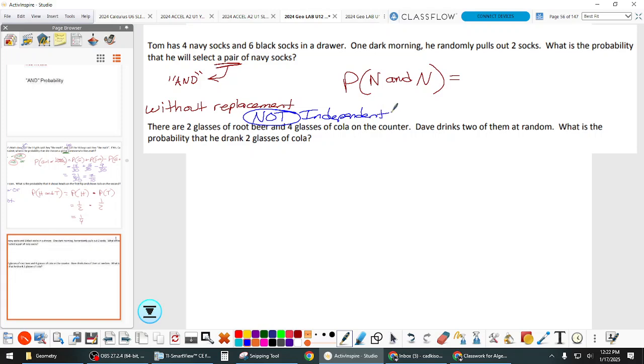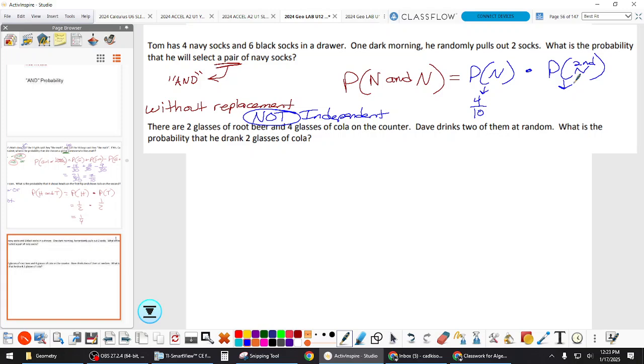So what's our first probability? The first navy is what? 4 out of 10. Then going back in on the second one, what is it? 3 out of... He only pulls out one at a time. So this one is 4 out of 10.